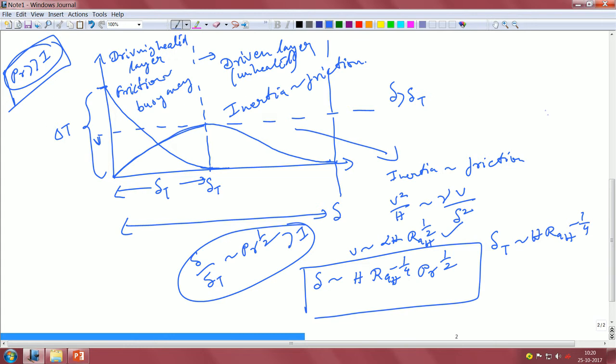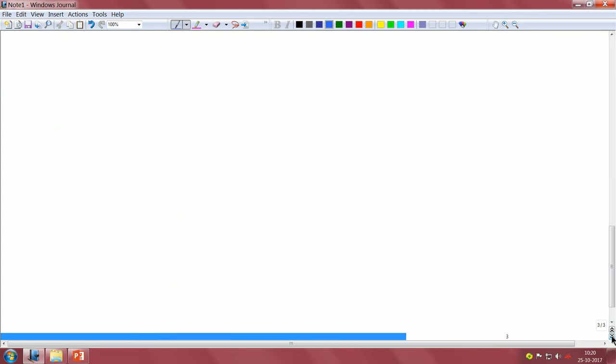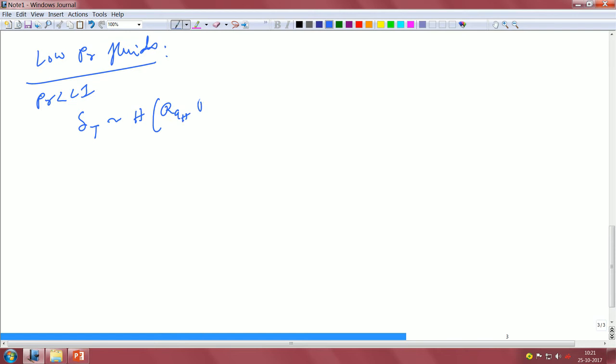So, based on this we move to the next one, which is basically the low Prandtl number fluid. That means Prandtl number is much less than 1. So, here of course your delta T scales as H Ra_H Prandtl number to the power of -1/4. That was the old condition, remember, and here of course is a balance between inertia and buoyancy.